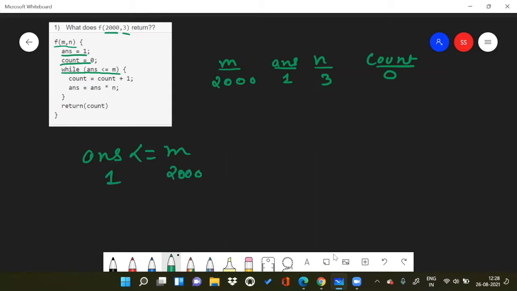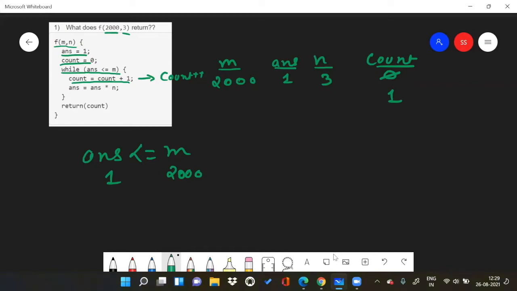So we can enter the while loop, as the condition is satisfied. The first line says increment your count by 1. This is nothing but count plus plus, so count will get incremented to 1.